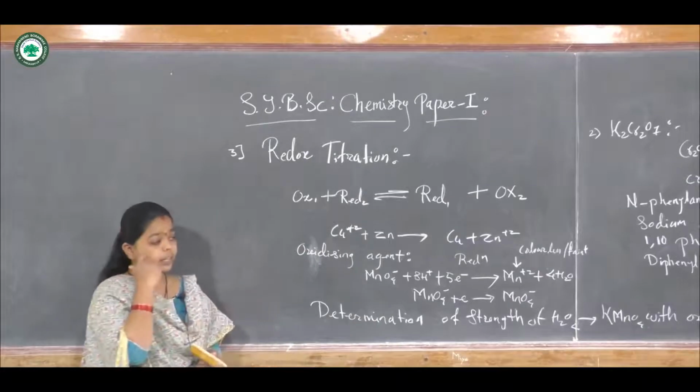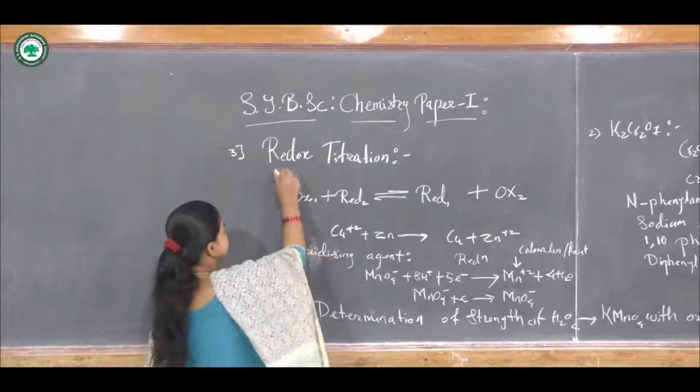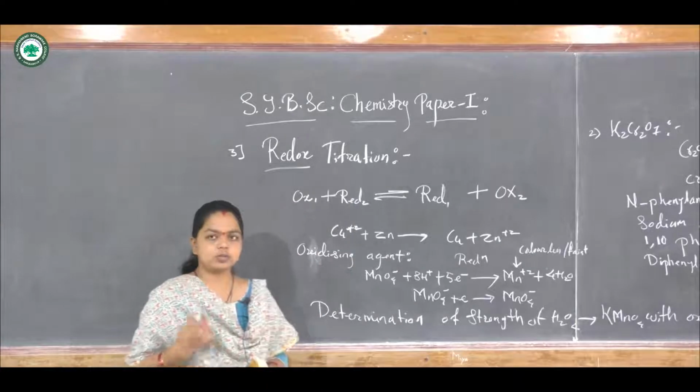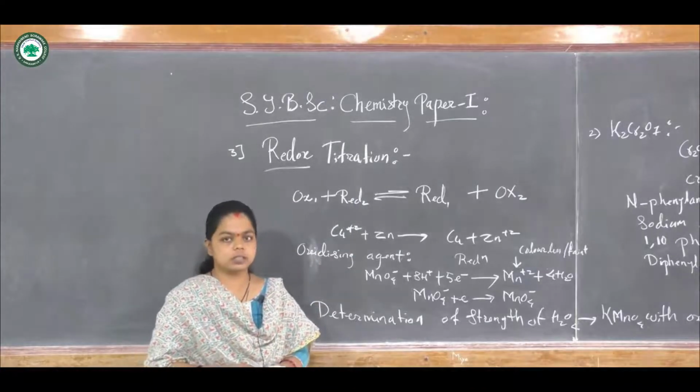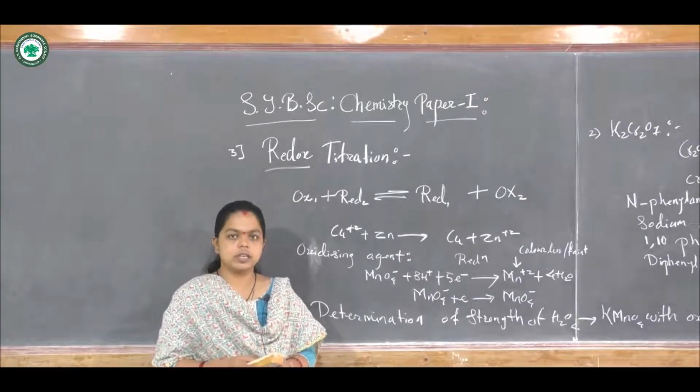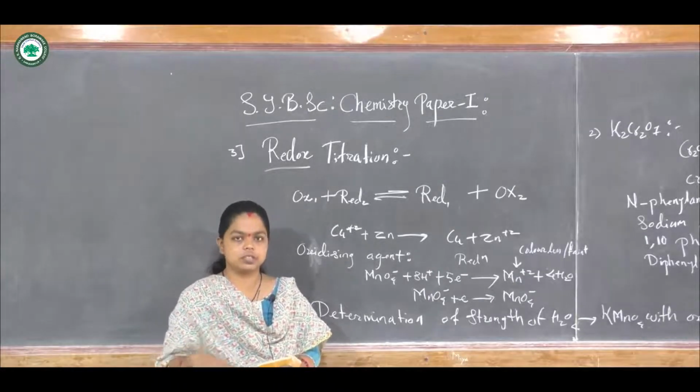Now we know that redox means the simultaneous process of spontaneous oxidation and reduction. It is called redox reactions. So in a redox reaction, oxidation as well as reduction takes place.